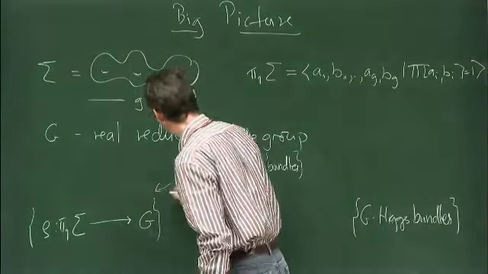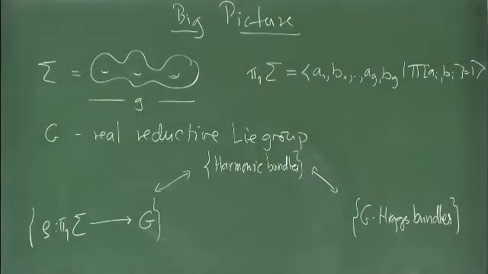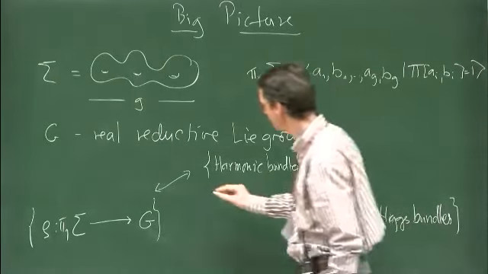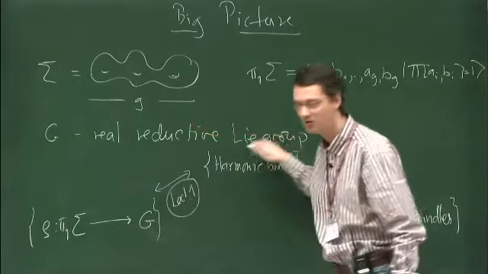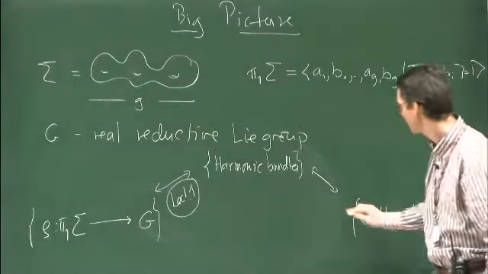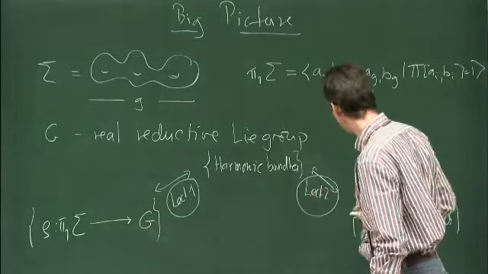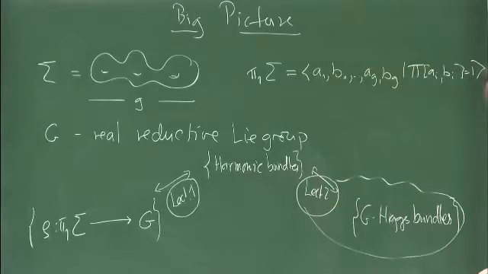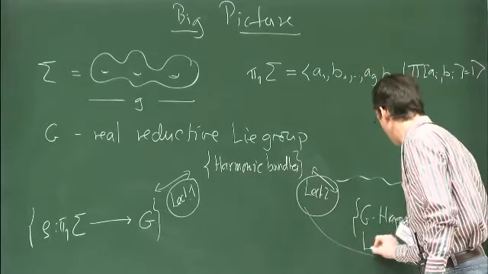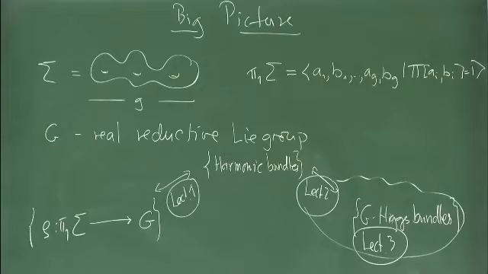So the correspondence goes like this. Today I'll mainly talk about this correspondence. On Monday, I'll talk about this one, and maybe also a bit more about G-Higgs bundles, and lecture 3 will probably be down here most of the time. Okay, so that's the general plan.